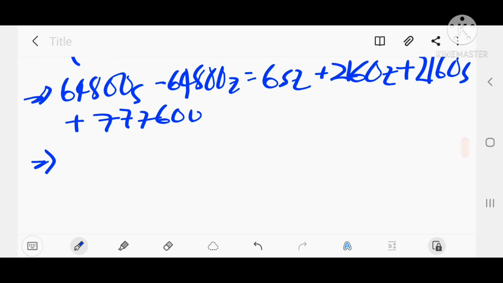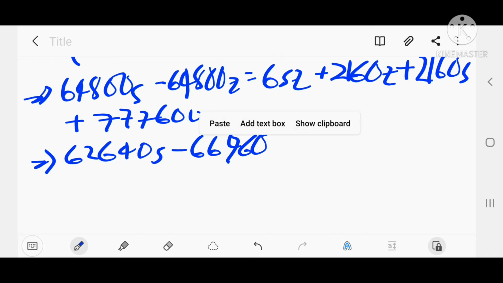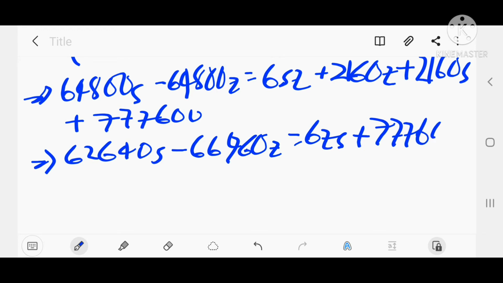This implies that we can further simplify it. Bringing the s values together, we have 62640s minus 66960z equals 6zs plus 777600.